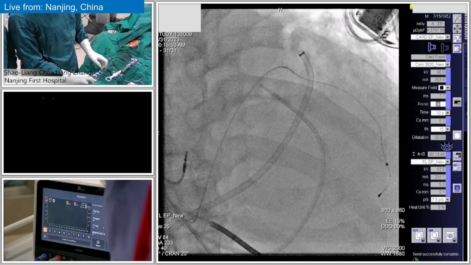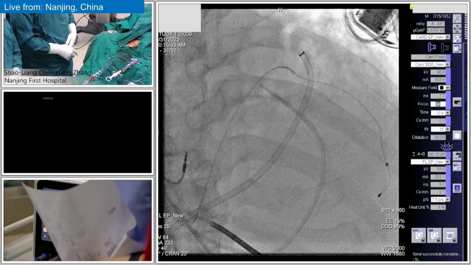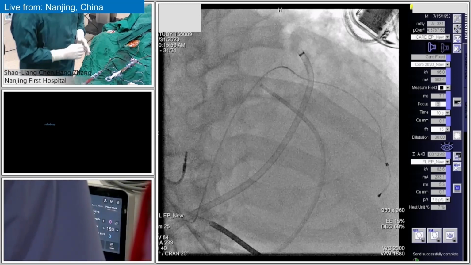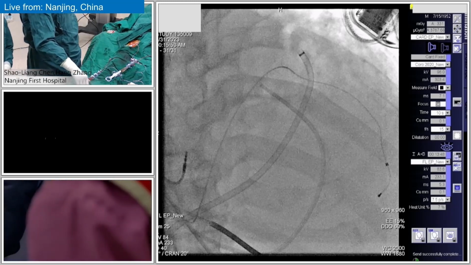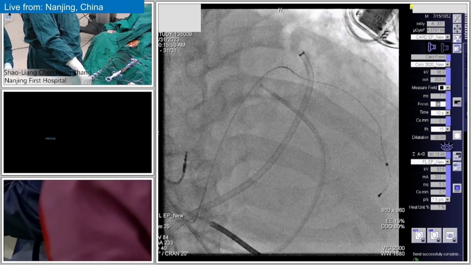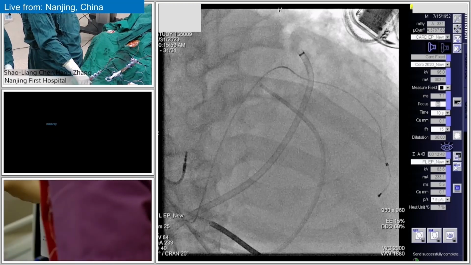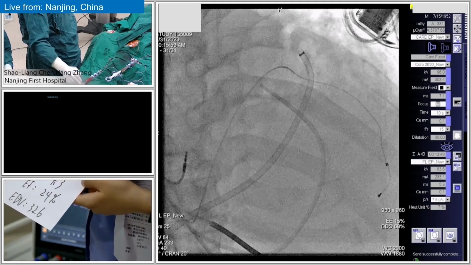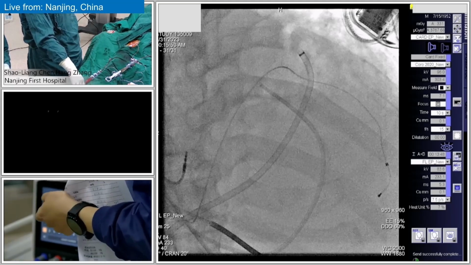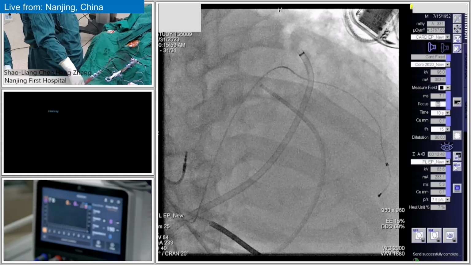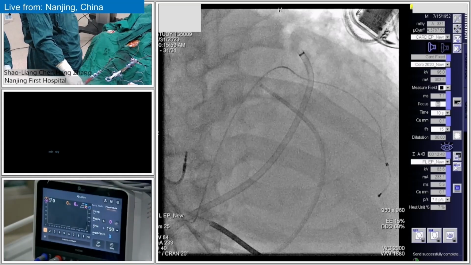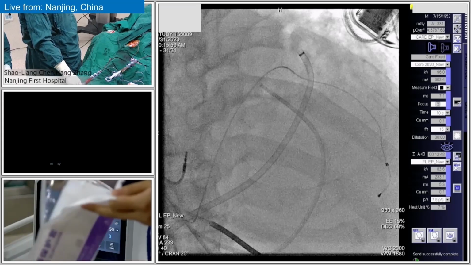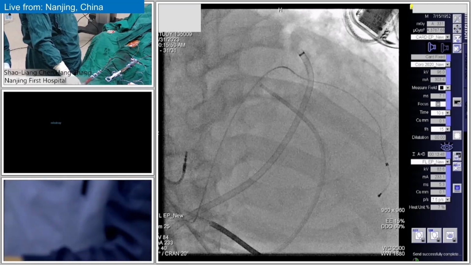How much is the PVR? 6.28, correct. So it is typically a combined pre and post capillary pulmonary hypertension secondary to heart failure, because of the significant reduction in left ventricle ejection fraction. So the final diagnosis is HFrEF, heart failure with reduced left ventricle ejection fraction.